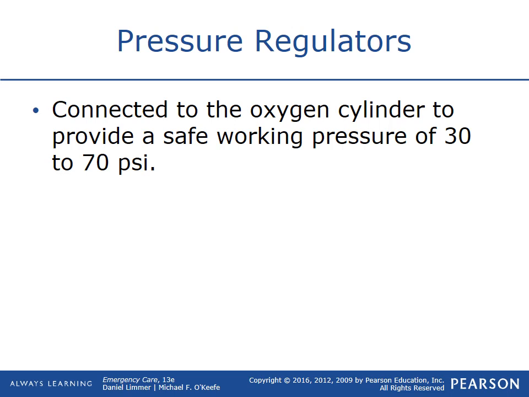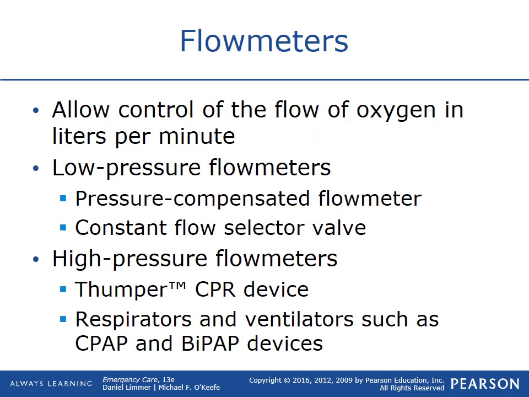Connected to the oxygen cylinder are pressure regulators, and they help to provide a safe working pressure of 30 to 70 psi. Flow meters are what we use to adjust the rate at which we deliver the oxygen. They allow control of the flow of oxygen in what we call liters per minute.